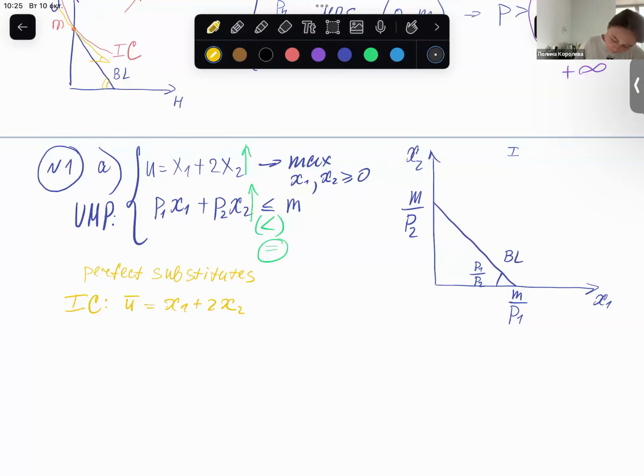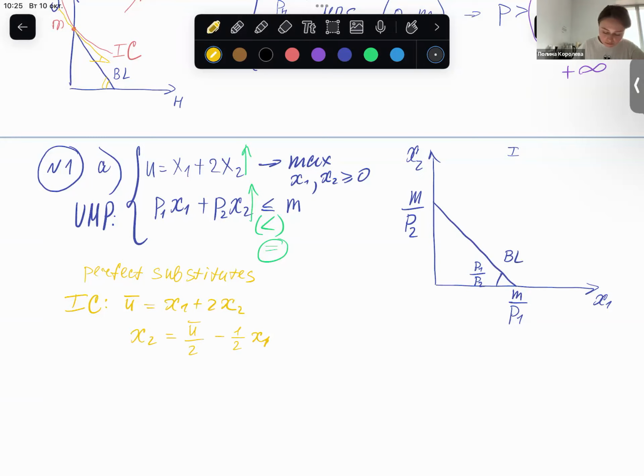So let's find x2. x2 equals u over 2 minus 1 over 2 x1. You see that this is a linear function with negative slope, and the slope is minus 1/2.